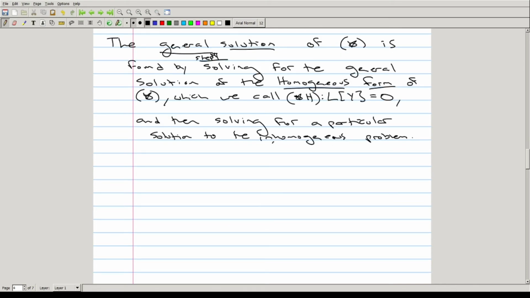Which typically involves either a variation of constants or the method of undetermined coefficients.